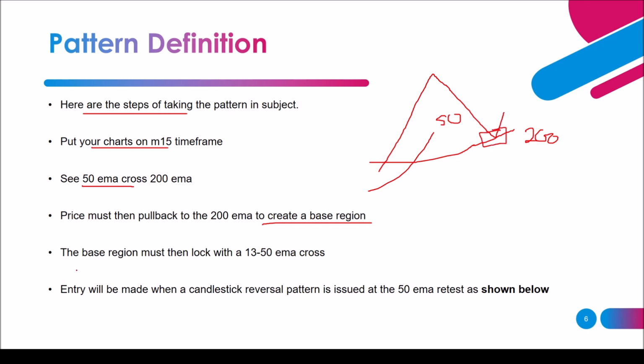From that best region, we now expect to see a 13/50 EMA crossover. There should be another crossover after a best region has been created, and entry will now be made at a candlestick reversal pattern that will be issued at the 50 EMA retest as shown below.